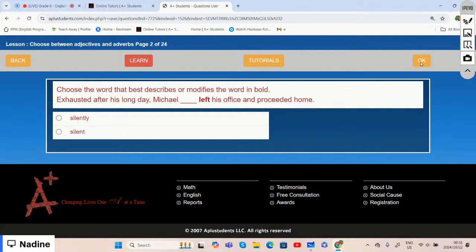Option one, silently, or option two, silent. Which one is correct?